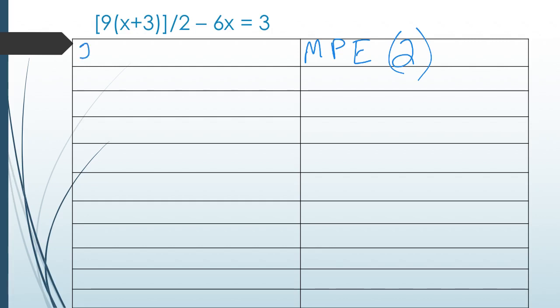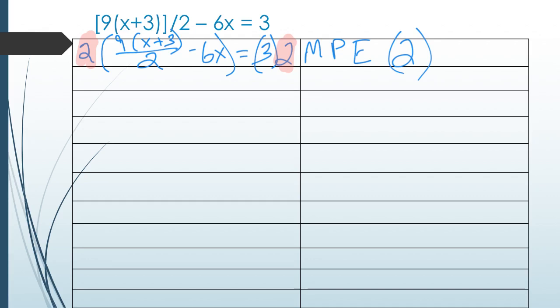So 2 times 9 times (x plus 3) over 2 minus 6x equals 3 times 2. Once again, I forgot to change my color, so I'm just going to highlight this in red so you see which part I added.